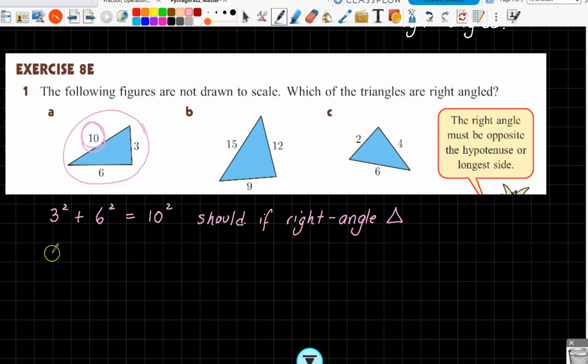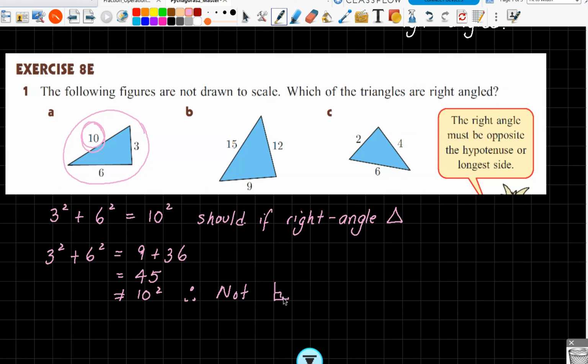So this is what we're now going to do. I'm going to go 3 squared plus 6 squared. That is 9 plus 36, 45. And that does not equal 10 squared, does it? So therefore, not. Look at that. Not right angle.